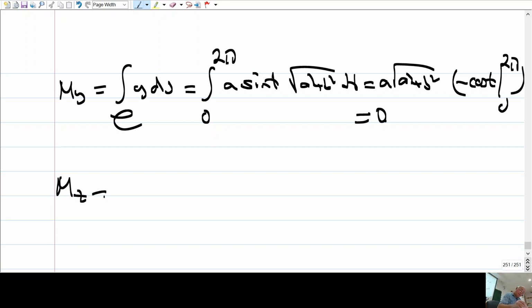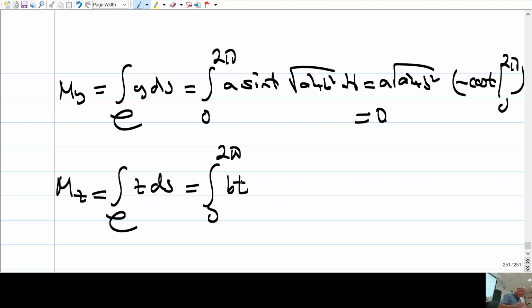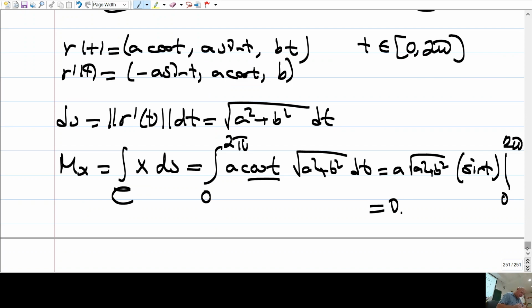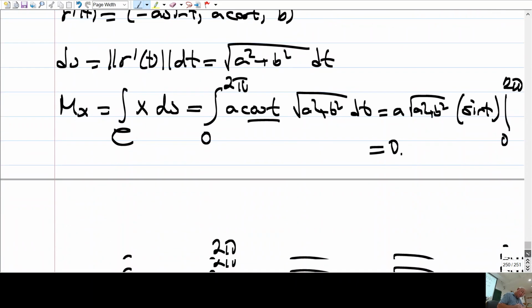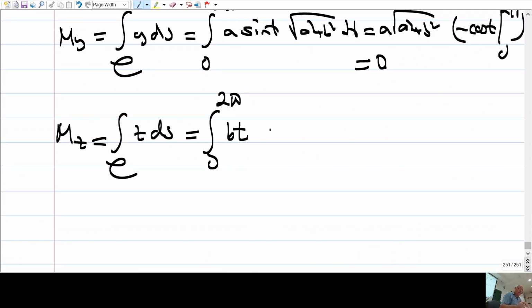And Mz is just z ds, 0 to 2 pi. Z is just bt, değil mi? Bt. Yani şöyle diyeyim. Okay, this is x, y, z, right? ds is square root of a squared plus b squared dt.